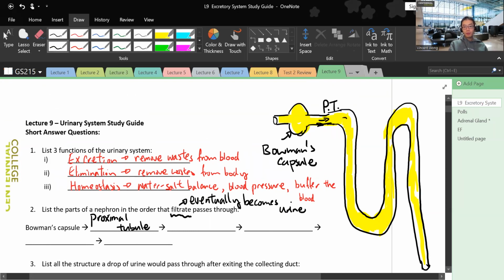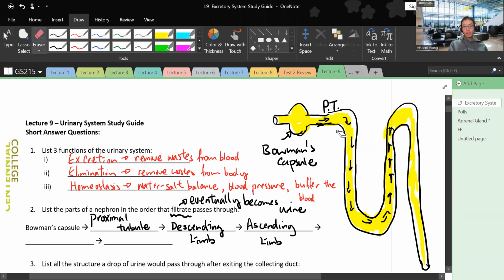So the filtrate will go here, and then it will go down, make a U-turn and come right back up. So on the way down, this is called the descending limb. Followed by, of course, the opposite of descending, which is ascending limb.